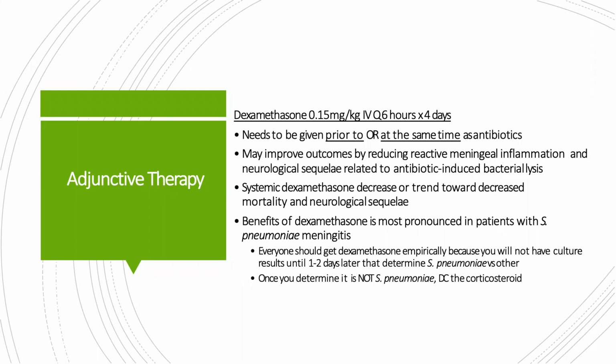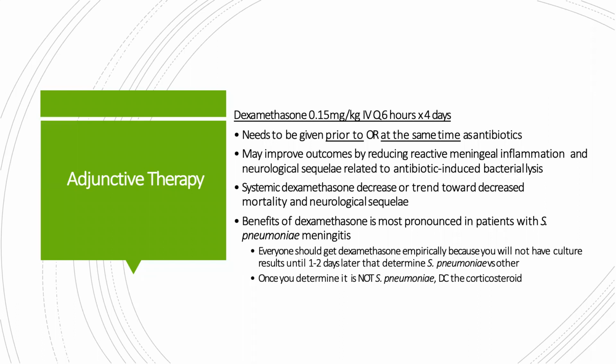The benefits of the dexamethasone are more pronounced in those patients that have strep pneumoniae. So at the point in which it is definitively determined that the patient has strep pneumoniae, then we can continue on that dexamethasone. In the event that it is not strep pneumoniae, you stop the dexamethasone because it has not been shown to provide any type of benefit in the other types of meningitis infections. So to sum this up, you will typically give this just empirically in all patients.